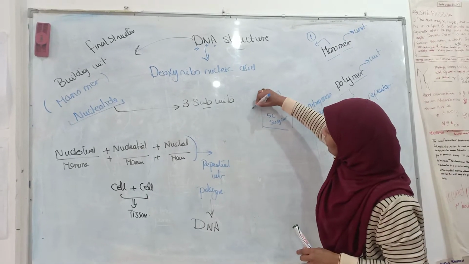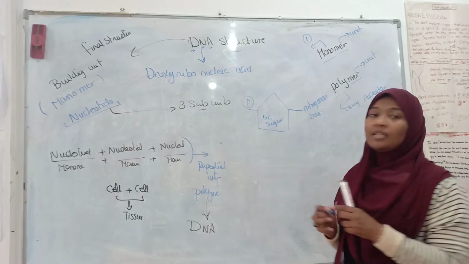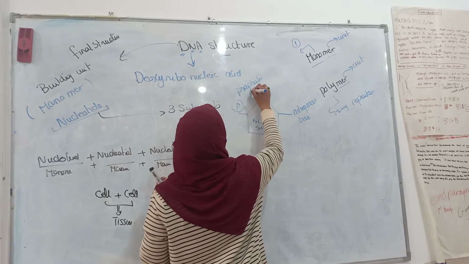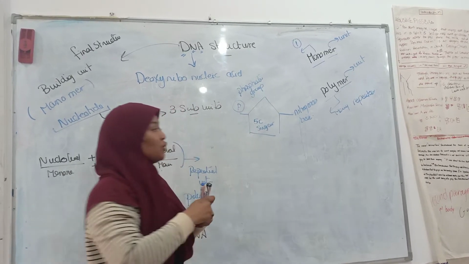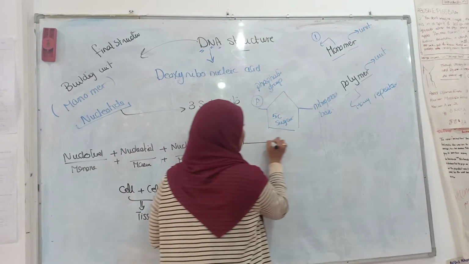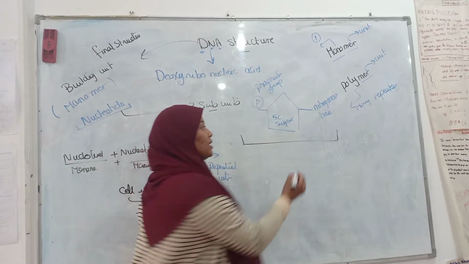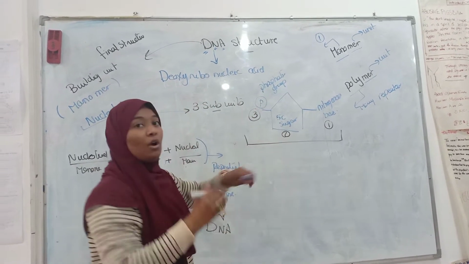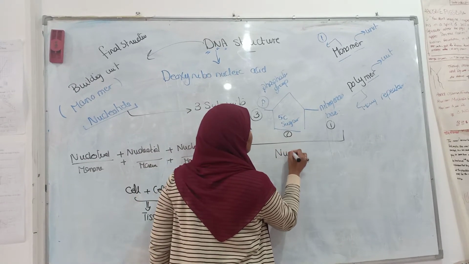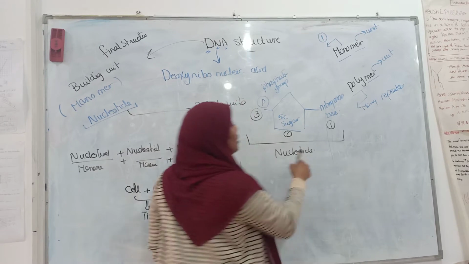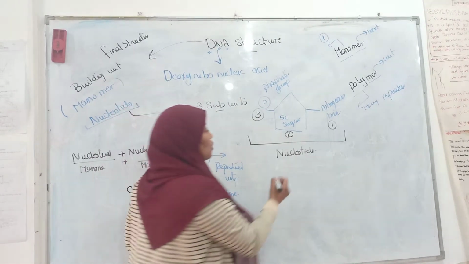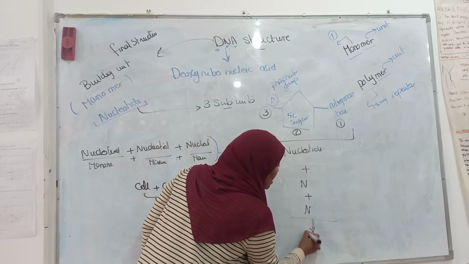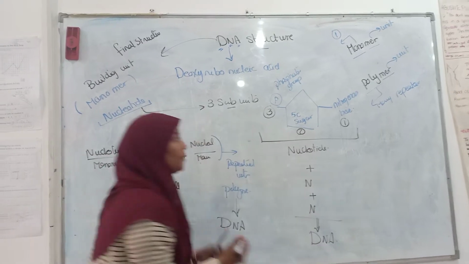And the other side, the 5' side, is attached to a phosphate group. So once again, to recap, a nitrogenous base, linked to a sugar, linked to a phosphate, they will entirely form a nucleotide. Nucleotide is a building unit of DNA. So a nucleotide plus another nucleotide plus another nucleotide, they will eventually form the polymer, which is the DNA.